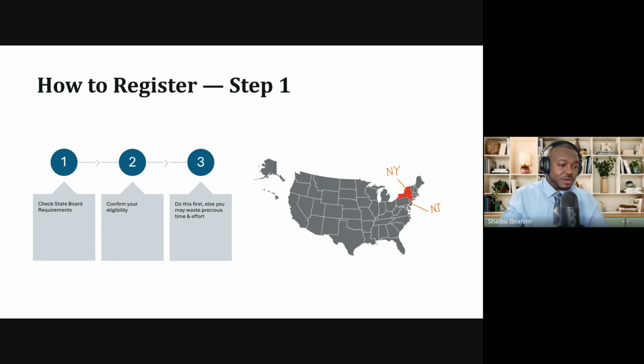So number one, you need to check with the board requirement. If you live in New Jersey or New York or Illinois, each state is different, so you'd want to check the board requirements. If you confirm that you are eligible, then you can proceed to the next stage.